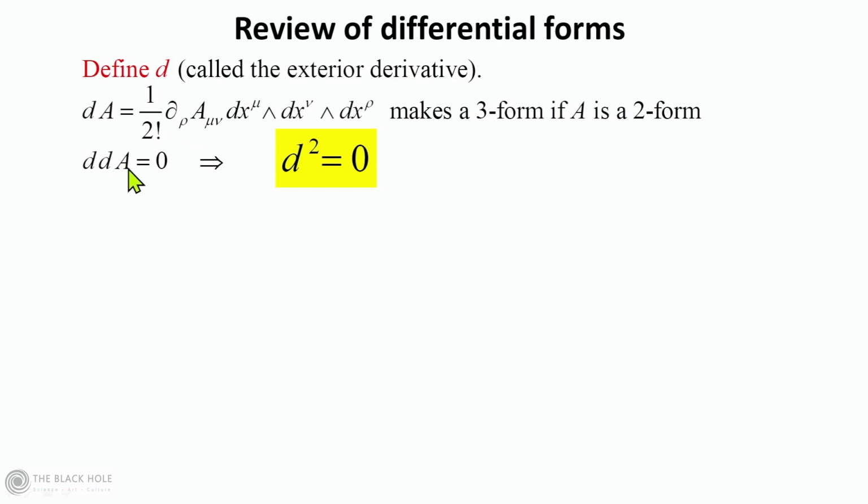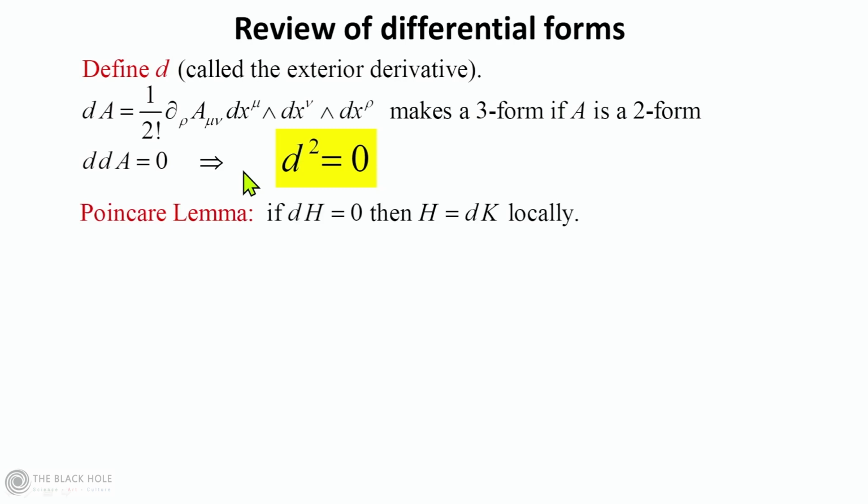Therefore, whatever form is over here, if it is of the type d times something, well, then d acting on that will give you 0. This is a very useful fact that we'll use again and again in what's going to happen now.